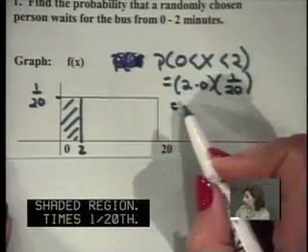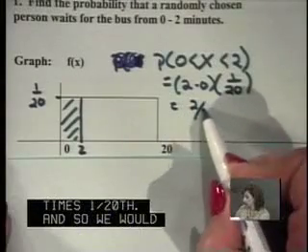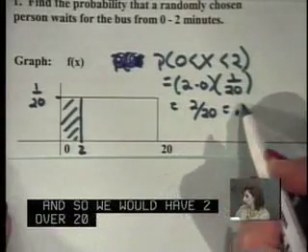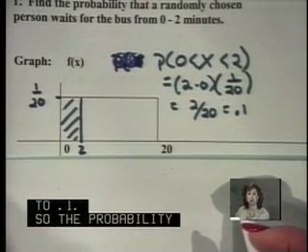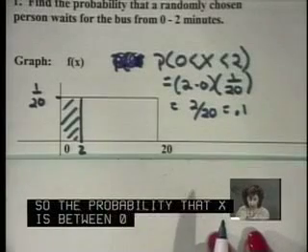And so we would have 2 over 20, which is equal to 0.1. So the probability that x is between 0 and 2 would be 0.1.